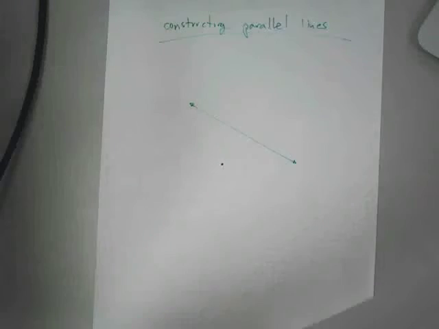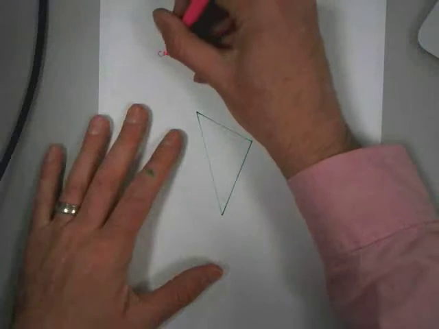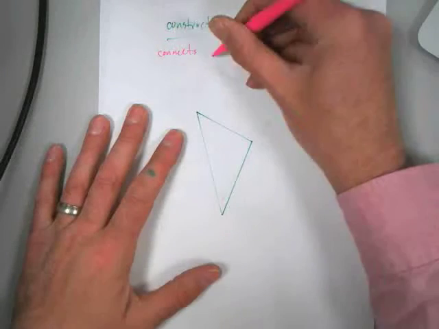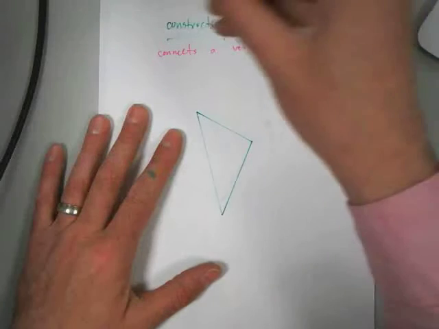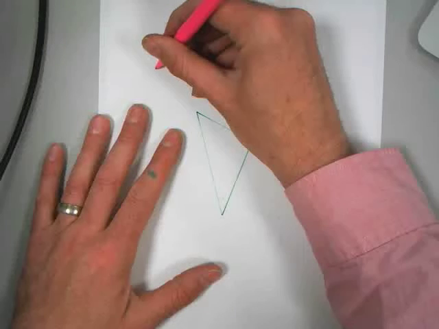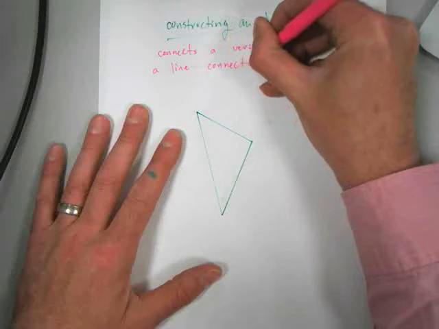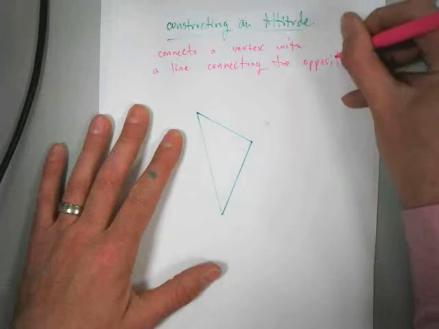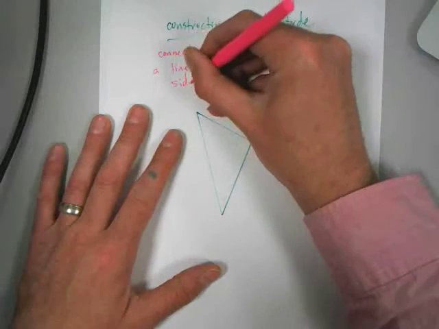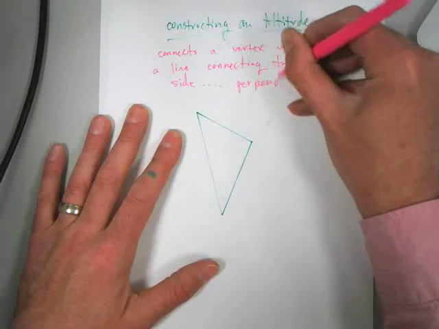So constructing an altitude, which connects a vertex with a line connecting the opposite side. And I like to do a dot dot dot, perpendicularly.